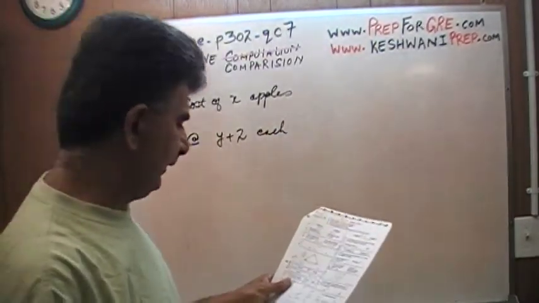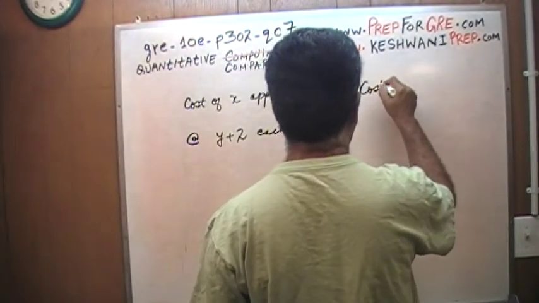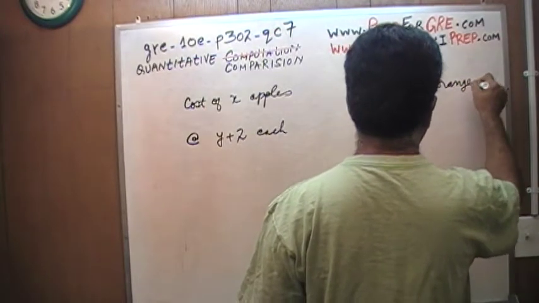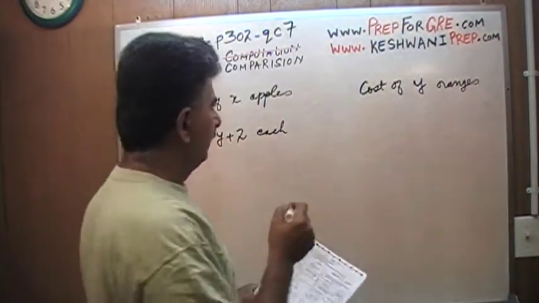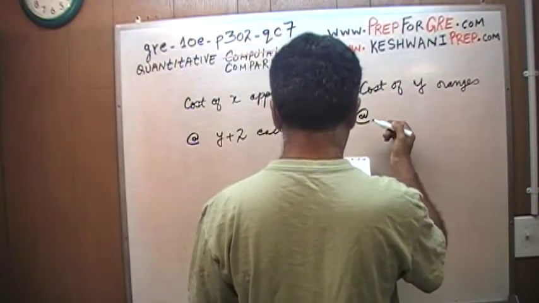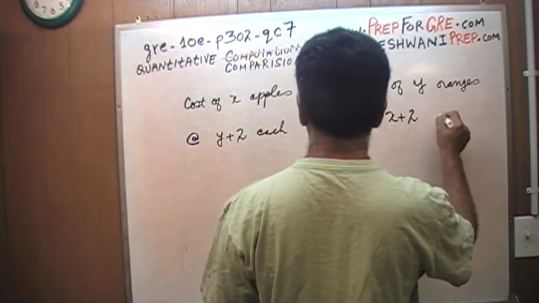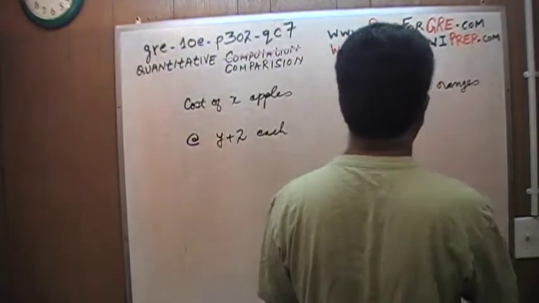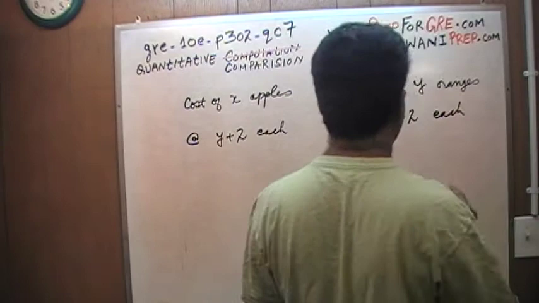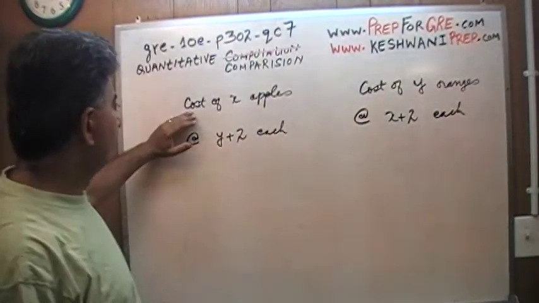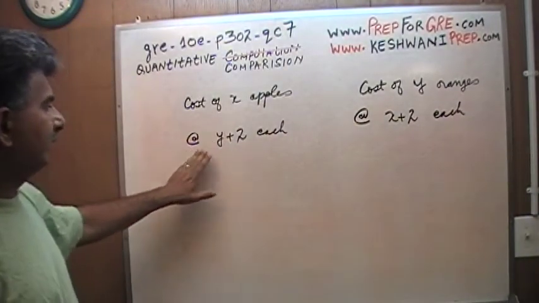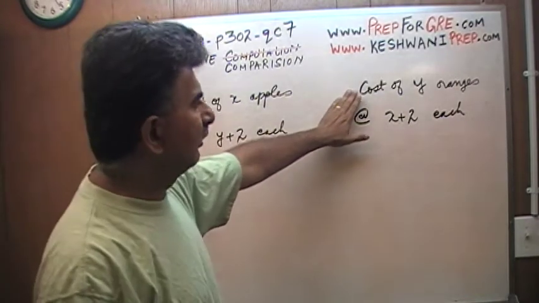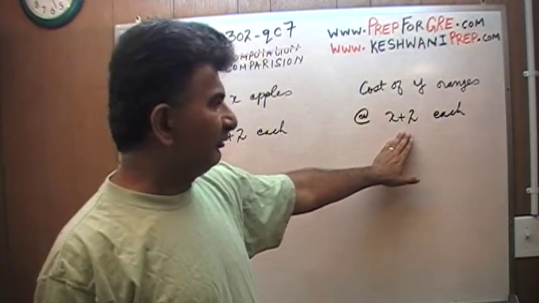And in the second column we have cost of y oranges at x plus 2 cents each. So again, in the first column we have cost of x apples at y plus 2 cents each, and here we have cost of y oranges at x plus 2 cents each.